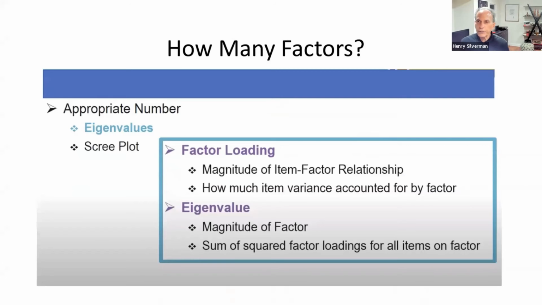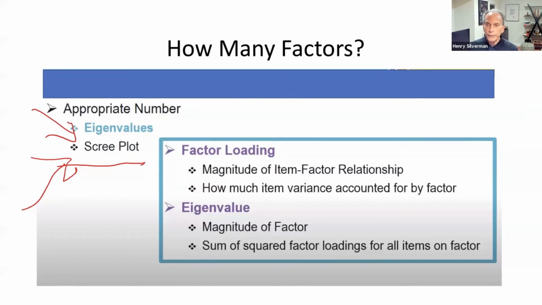So how many factors do we choose in a factor analysis? Because a factor analysis may tell you that there are 8 factors, but how many of those factors are really relevant? So this is where we compute what's called the eigenvalues, and we do a further analysis called the scree plot.